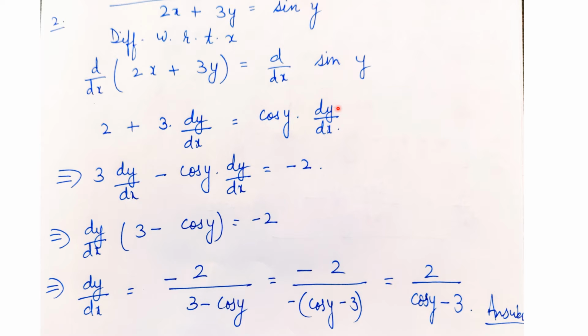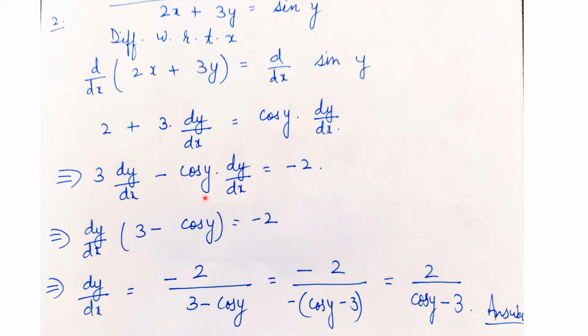Now we see that this term has dy by dx and this term has dy by dx. Taking both these terms together, take cos y dy by dx towards the left side of the equation. We get 3 dy by dx minus cos y into dy by dx, because it will cross over, it will turn negative, and this 2 will come on the other side of the equation, it will also go negative.